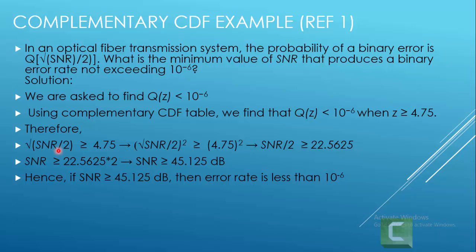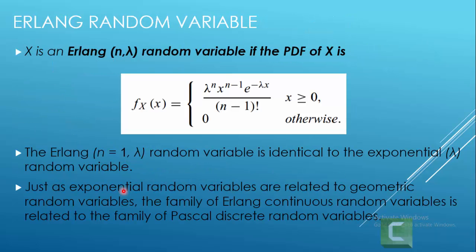If it is less than 4.75, then the error rate will be more. But if it goes above 4.75, then the error rate will be less. If we square both sides of the equation, then SNR divided by 2 is greater than or equal to 4.75 squared, which is 22.5625. And if we simply multiply by 2, then we get 45.125. So if SNR is greater than or equal to 45.125 dB, then the error rate is less than 10 to the power minus 6.